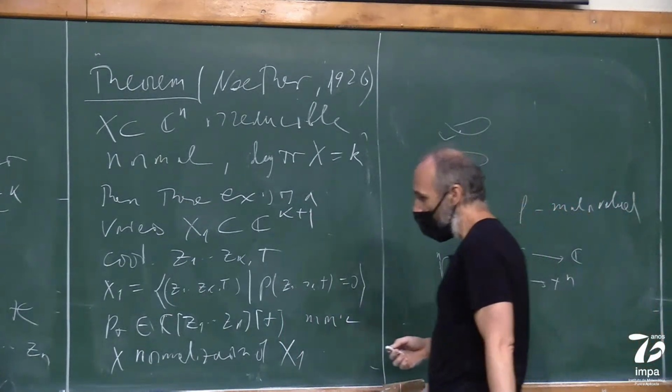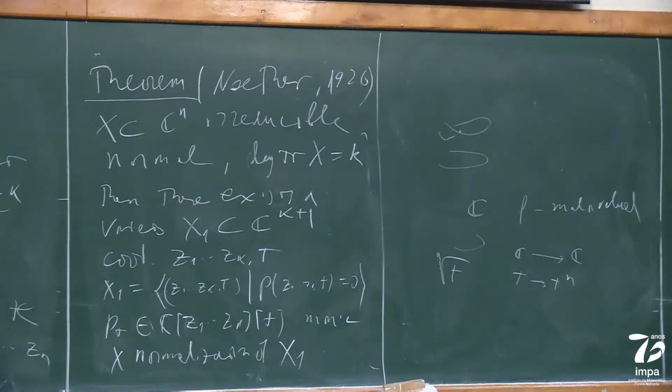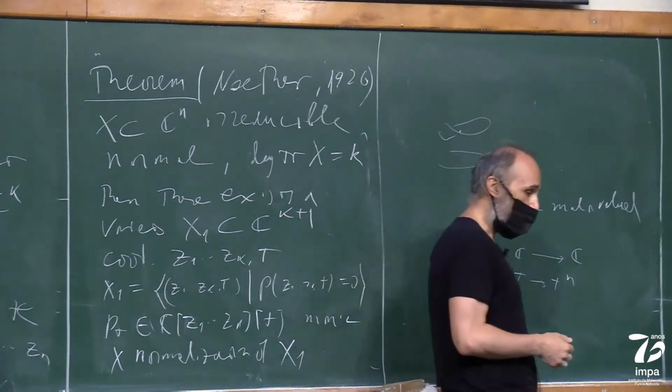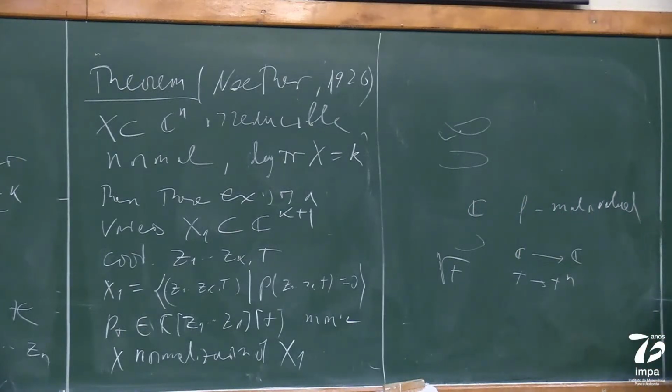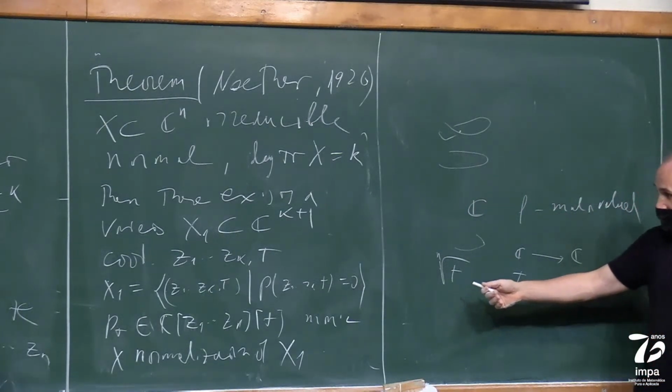Okay, so what does Noether's theorem give us? This theorem gives us a representation of any algebraic variety, up to normalization, as a multivalued function.